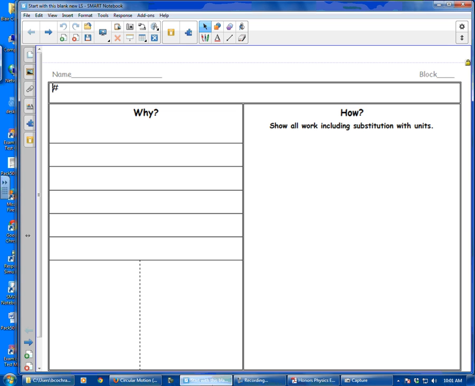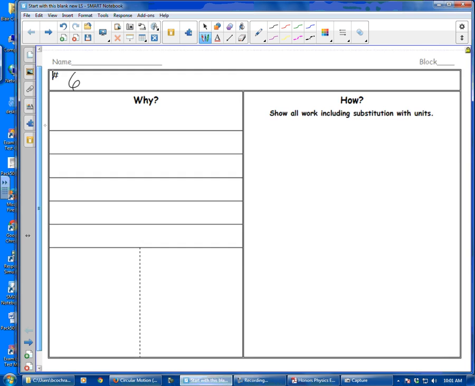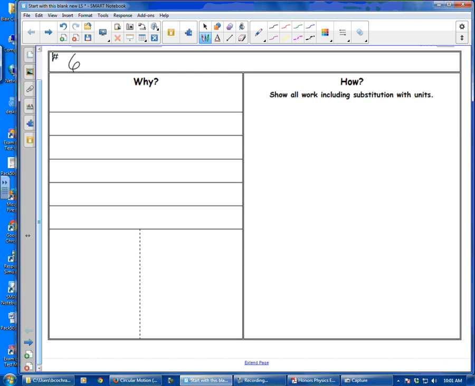So that's part of what you would need, a force diagram in here, so we'll draw one. But you would put things like: going in a circle, therefore need acceleration towards the center.